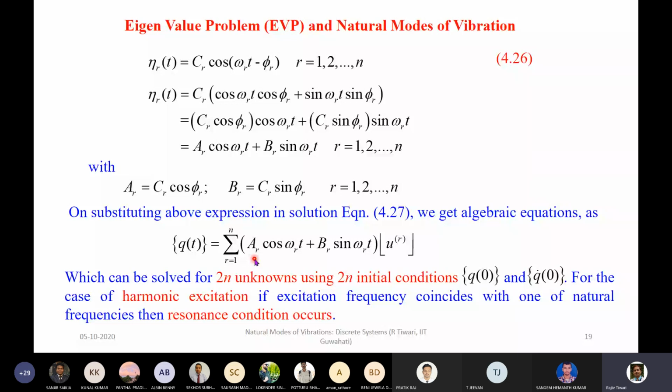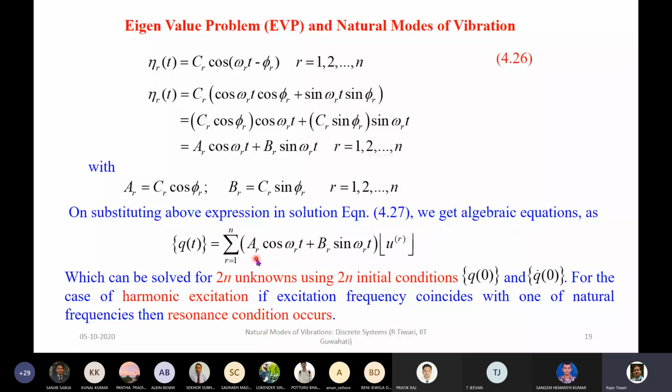Each equation will be having two unknowns. So n into 2, 2n unknowns will be there, and that many initial conditions we need. So all the generalized coordinate initial conditions we need to solve this.